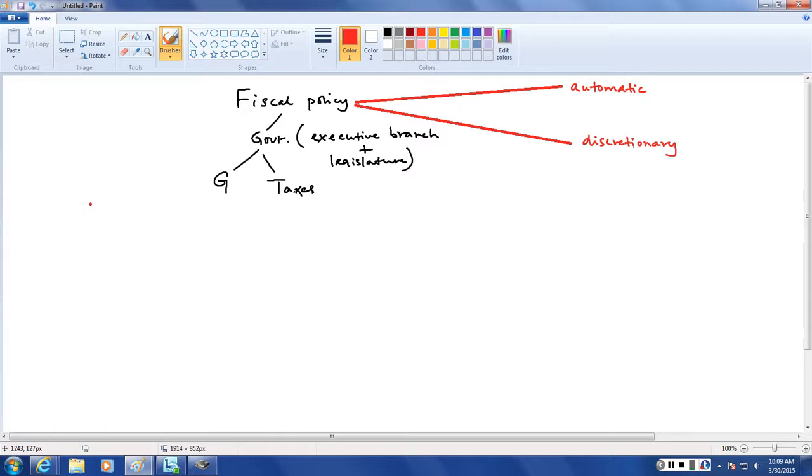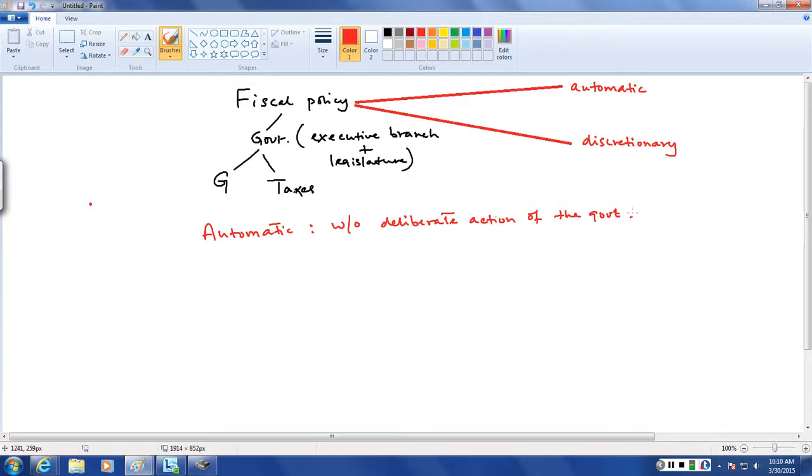So what is automatic fiscal policy? This is fiscal policy that kicks in without any deliberate action on the part of the government. This is fiscal policy that happens automatically.